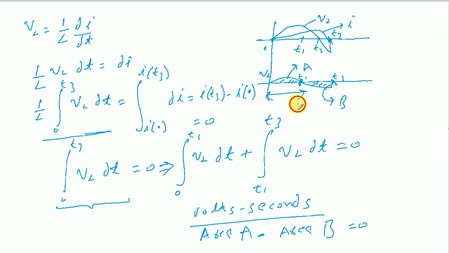Then when the current starts to fall, the voltage across the inductor is negative, and it sort of loses the energy. We used to have that discussion in the previous cases.